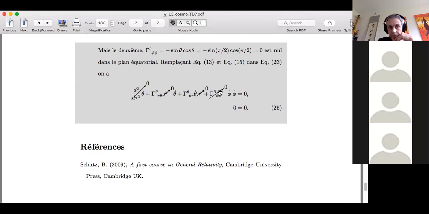One of the Christoffel symbols is non-zero in general, but is 0 at the equator. That's the one we saw earlier. Then the 2 other Christoffel symbols, well, they have an r in them downstairs, so that means it's multiplied by r dot, but r dot is 0 because it's a circular orbit in question. So those 2 go away. And then theta was a constant, so its second derivative is 0. So this becomes trivial. 0 equals 0.